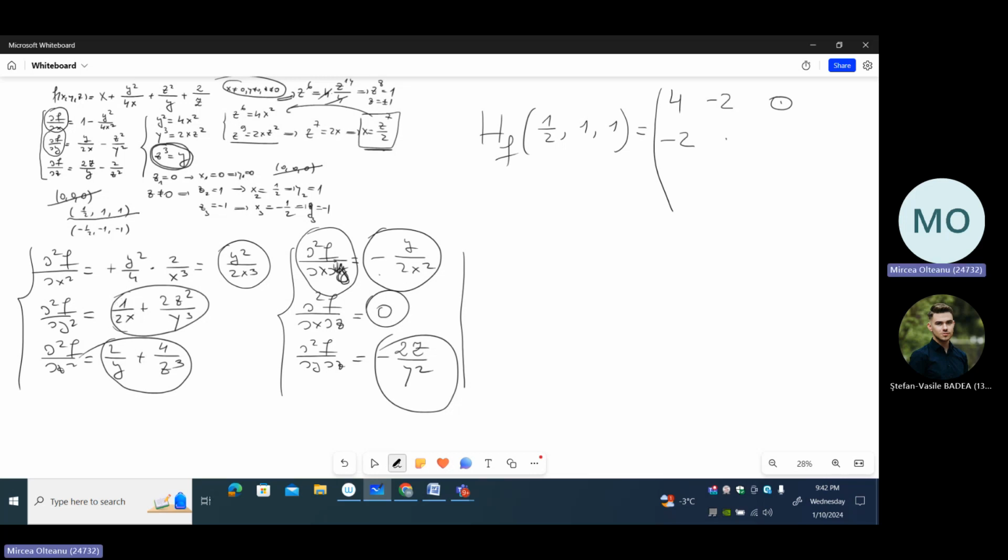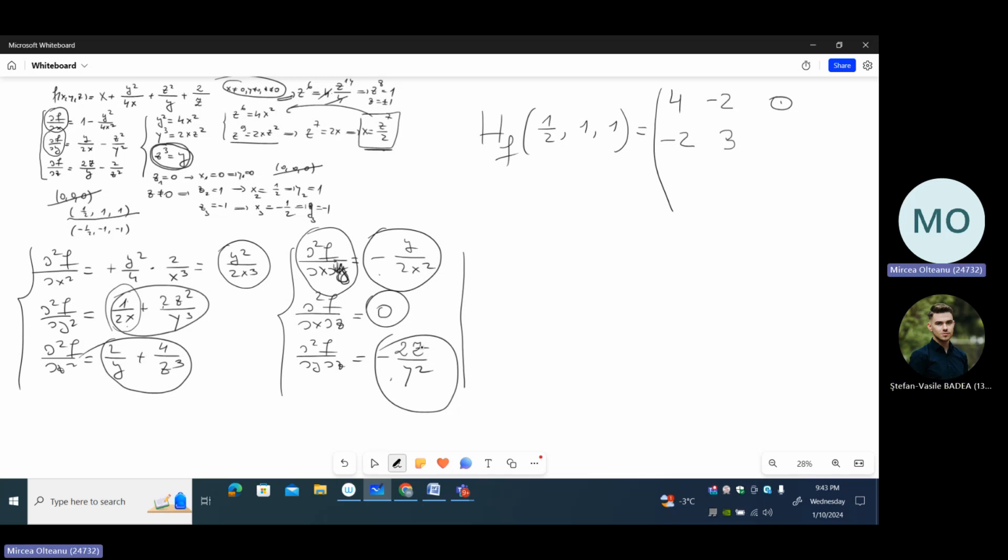Here it's minus 1. Sorry, 1. So x equals 1 over 2, so it's 1. And here we get plus 2. So here it seems to be 3.